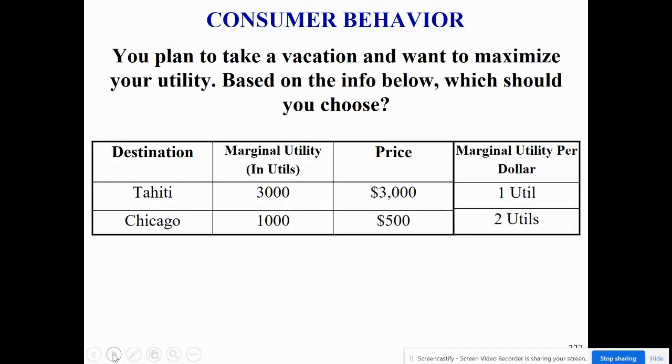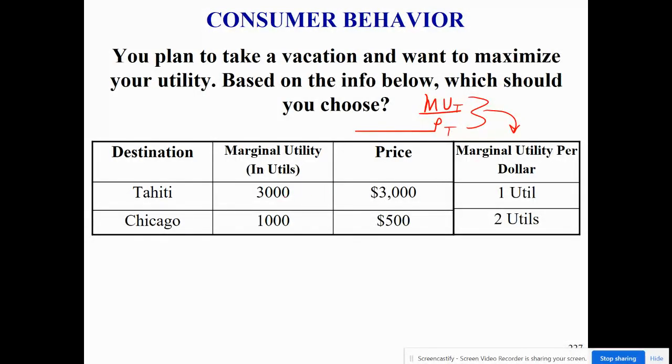So what we do is take our marginal utility divided by the price. We would take the marginal utility of Tahiti over the price of Tahiti, and look at what it is per dollar. This equation is the marginal utility per dollar.